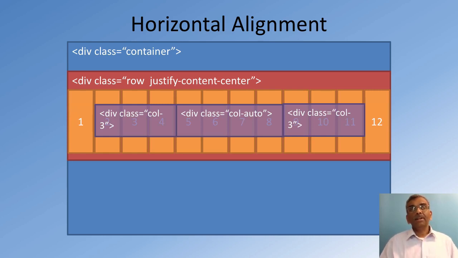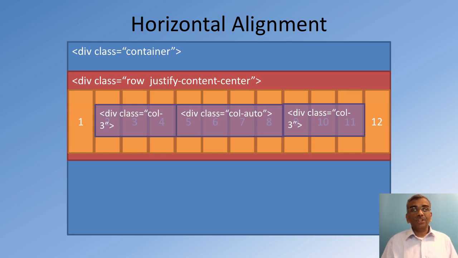The middle one, when I say col-auto, it means that the number of columns that this particular div occupies will be automatically determined by the content that is enclosed inside there. So based upon the content, the number of columns occupied by the div will automatically adjust itself.